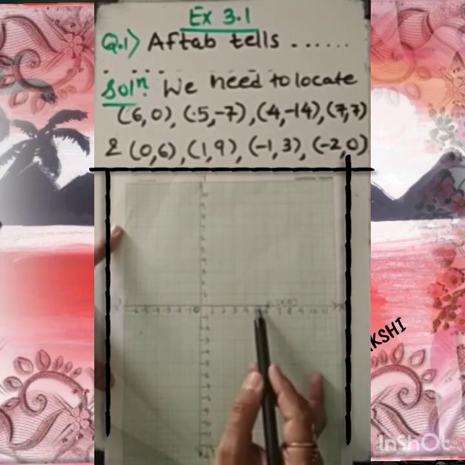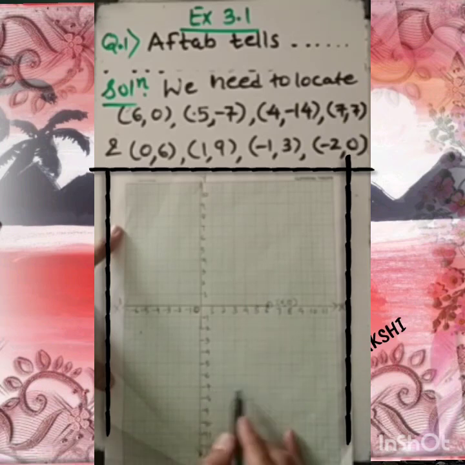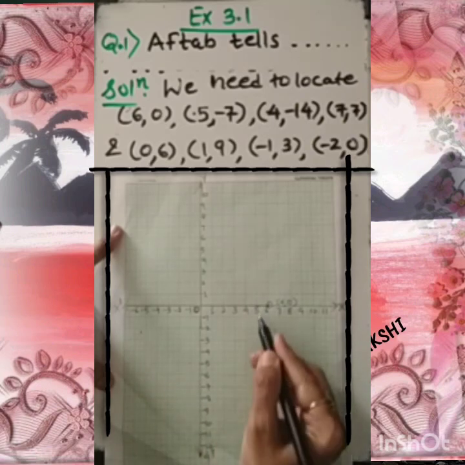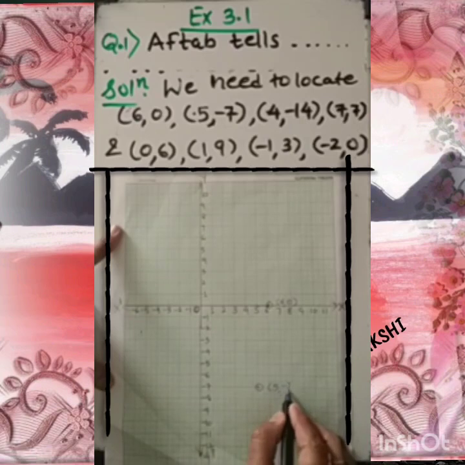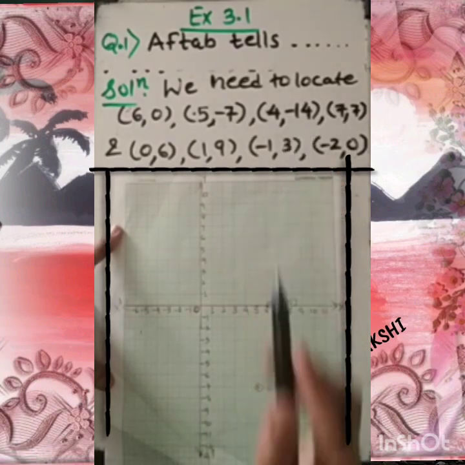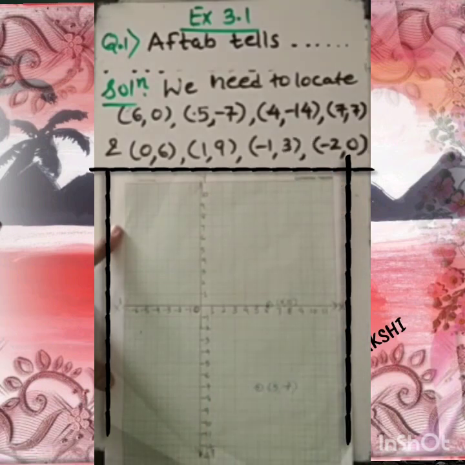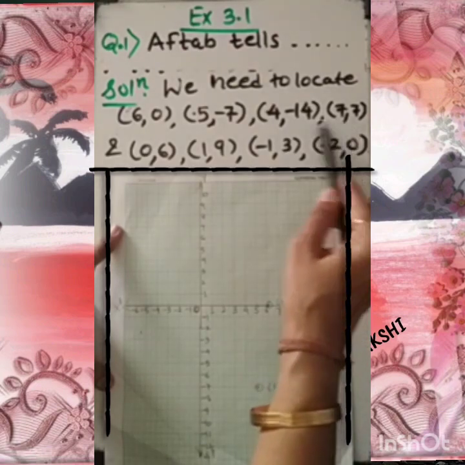So here it is 5 and -7 is here. You can see where to locate 5, and this is -7. So let me locate this point (5, -7). (4, -14) again will lie somewhere here, so I am not locating that point, I am ignoring it.